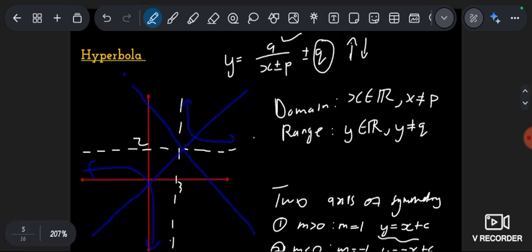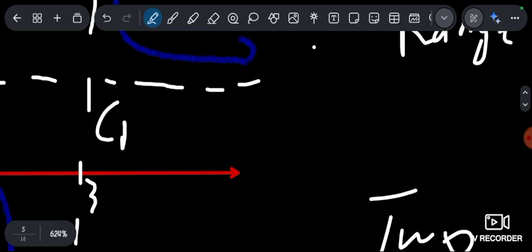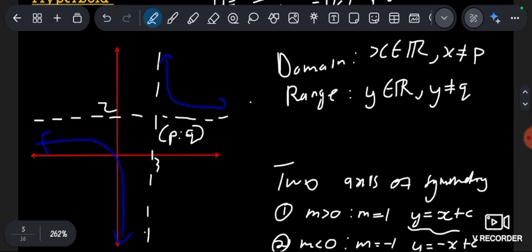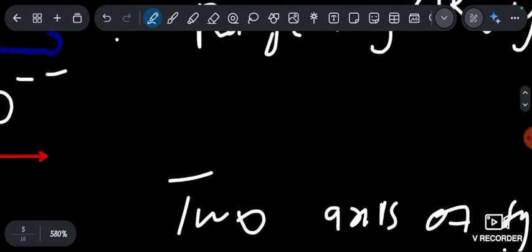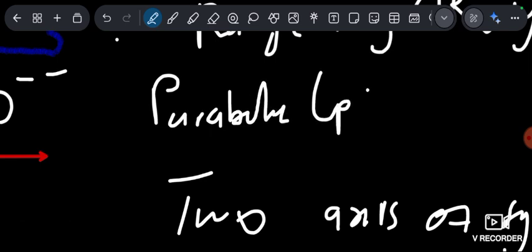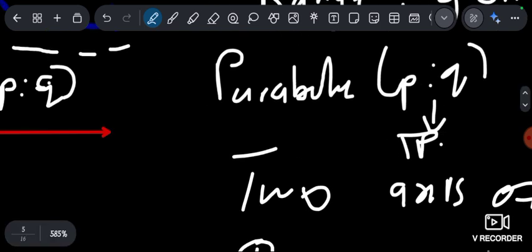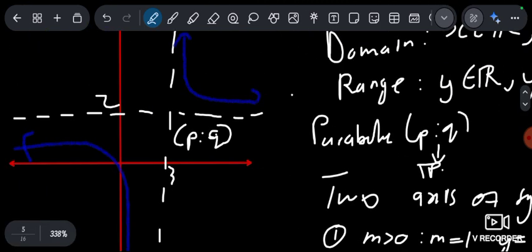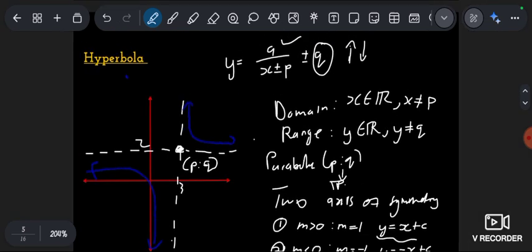And what we must also know is that the two asymptotes meet at P and Q. Remember, in the parabola, P and Q was the turning point. But now here, it is the intersection between the vertical and horizontal asymptote.